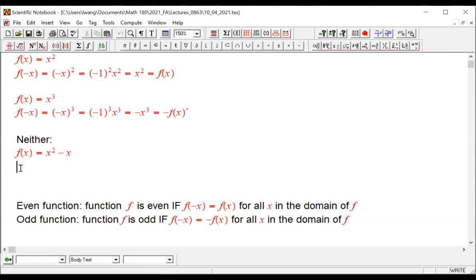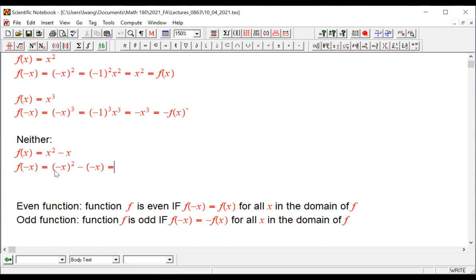Then I'm going to look at f of negative x. So x will be replaced by negative x squared, minus x replaced by negative x.